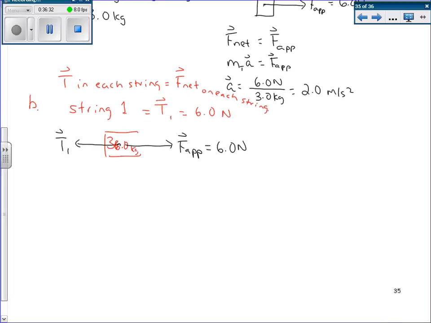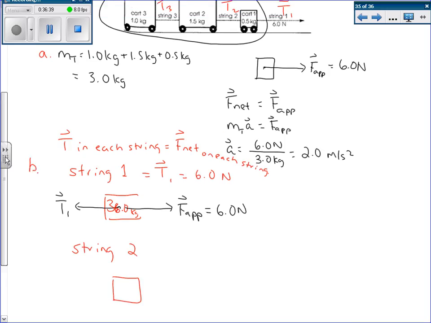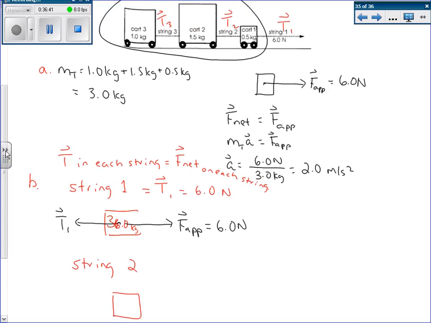Okay, so string 2. String 2 has to pull 2.5 kilograms.